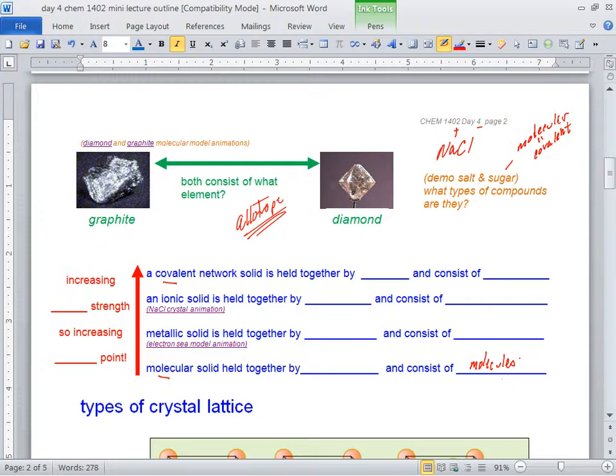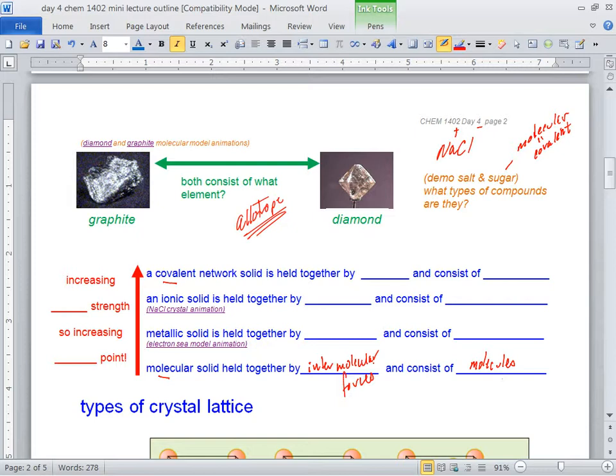Starts with an I. Intermolecular, because we may not be talking about water all the time. If it was water, you'd say hydrogen bonding, but it could be any type of solid. So intermolecular forces. You have a molecule, it's a molecular solid, held together by intermolecular forces.